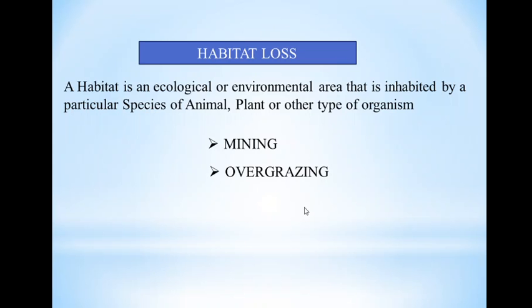As a result, the meat eating habit leads to overgrazing, and overgrazing leads to the loss of habitat, and finally the desertification. In India, 32% of the land area is in the process of desertification, and one of the main reasons is the overgrazing.